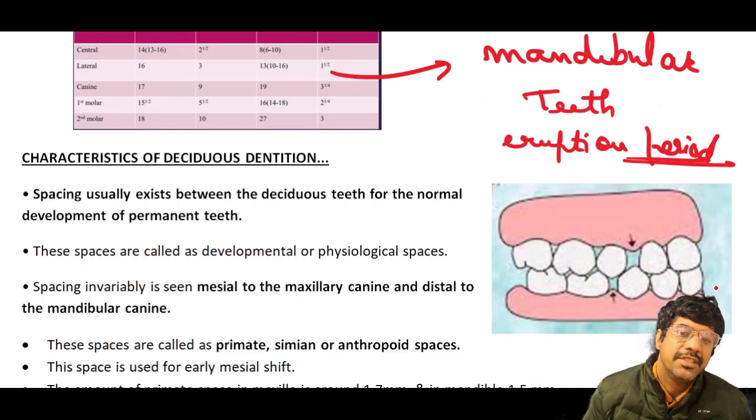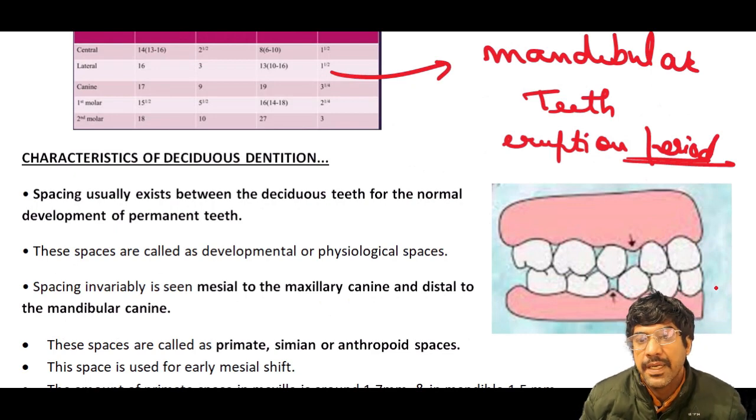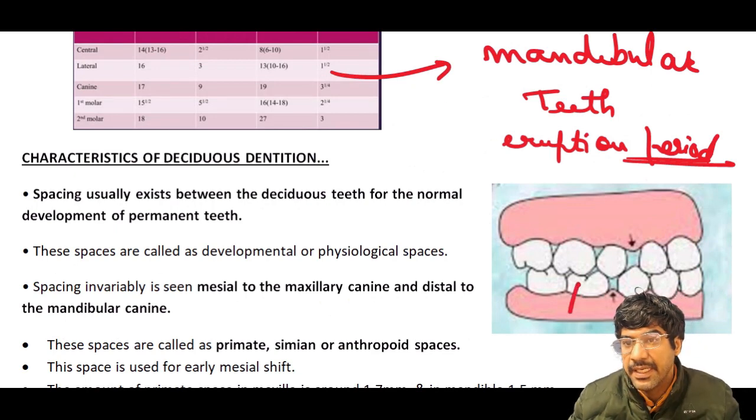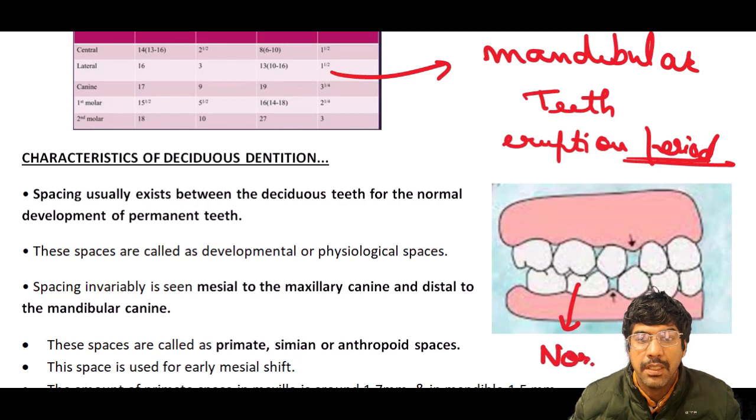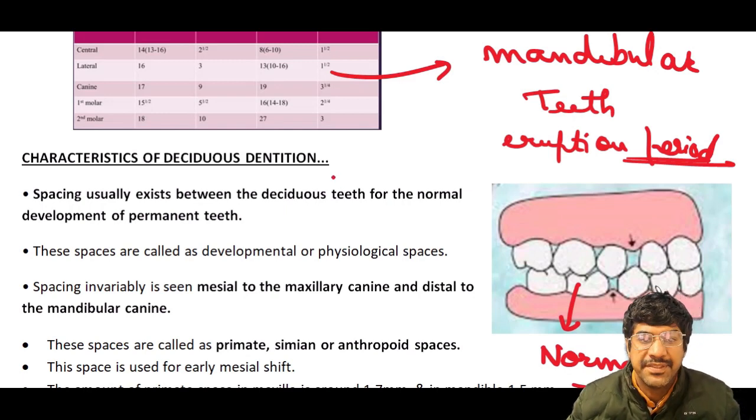Now let us discuss the characteristics of the deciduous dentition. In the deciduous dentition, remember, if spaces are present between the primary teeth, they are considered normal and are an important part of dental development. These spaces are known as physiological spaces or developmental spaces.